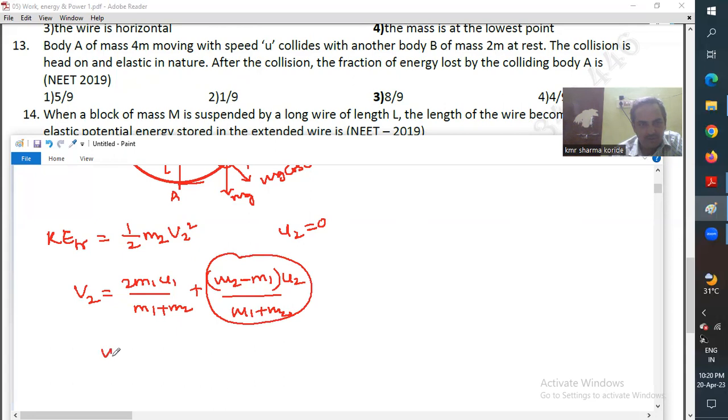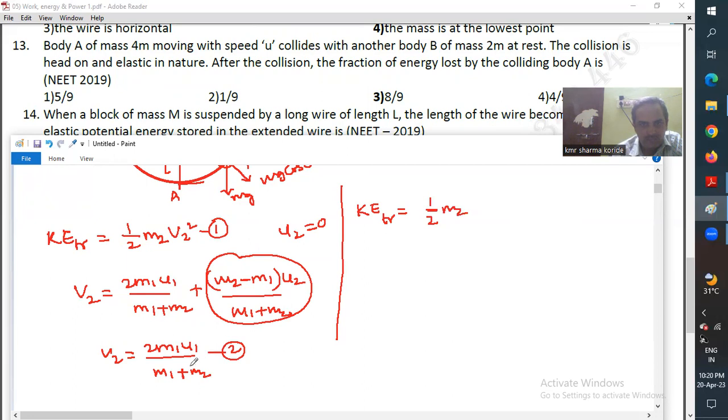So you'll be left with v2 is equal to 2m1 u1 divided by m1 plus m2. So let us substitute this equation 2 in equation 1. So how will the kinetic energy transferred be? It is half m2, and v2 square will be 4m1 square u1 square divided by m1 plus m2 whole square.